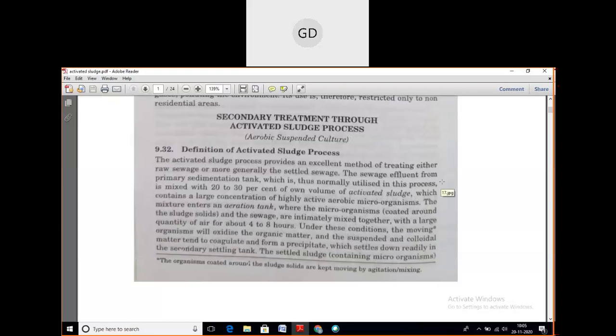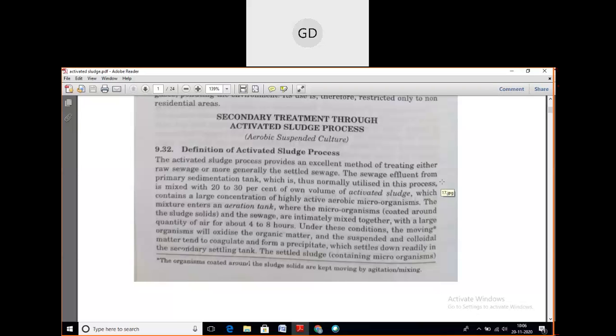So whatever sewage effluent you got from the primary sedimentation tank is utilized in this process and is mixed with what? 20 to 30% of its own volume of activated sludge. So this activated sludge contains a large concentration of highly active aerobic microorganisms.